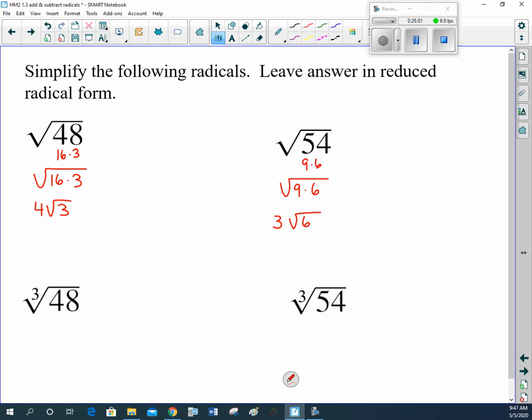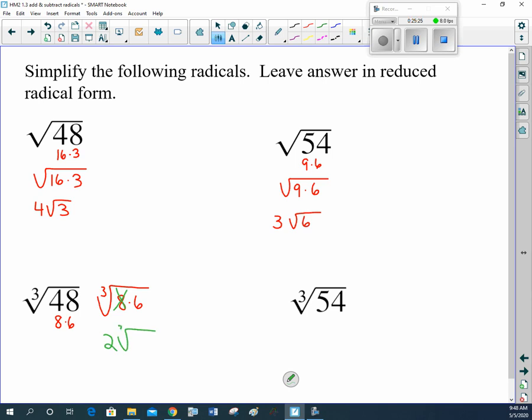Okay, down here, cubed roots. So remember, cubed roots, I'm looking for a 1, an 8, 3 to the third is 27. So I think on this one I'm going to do 8 times 6. So this is the cubed root of 8 times 6. What's the cubed root of 8? It's 2.